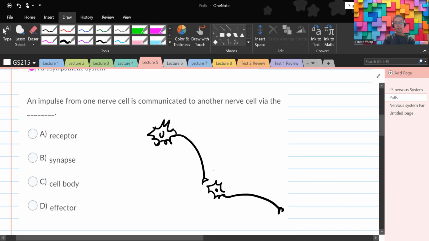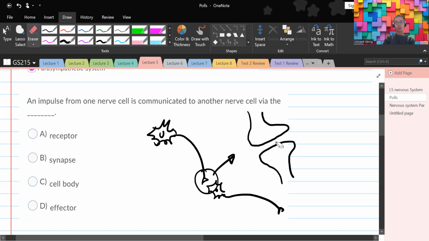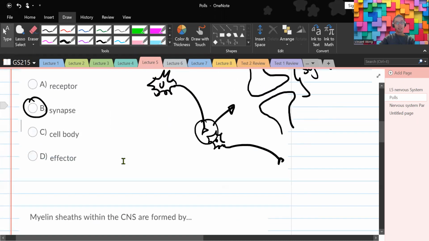If I zoom in on that location, you will see that they actually do not touch. They just come in close proximity. So this location is called a synapse. That's the correct answer. More on synapse later.